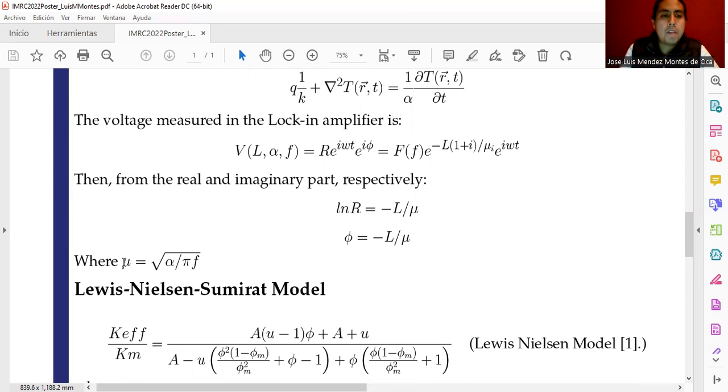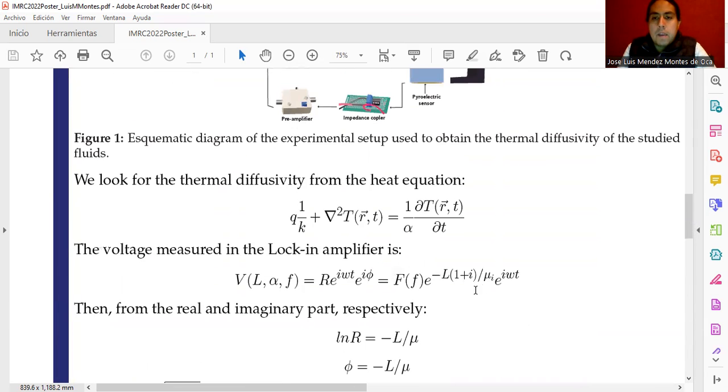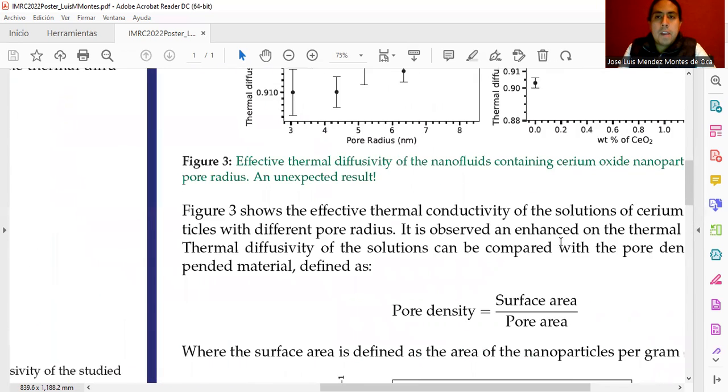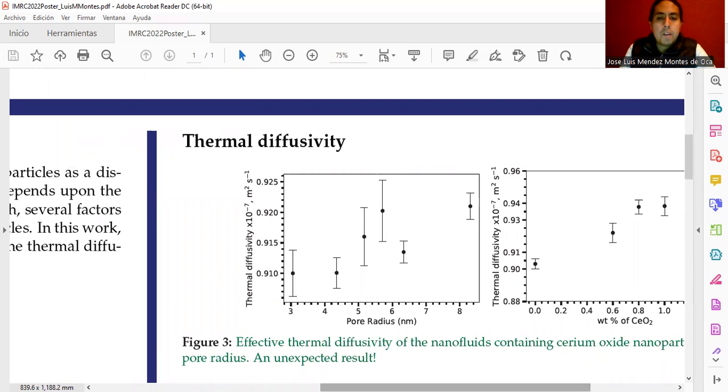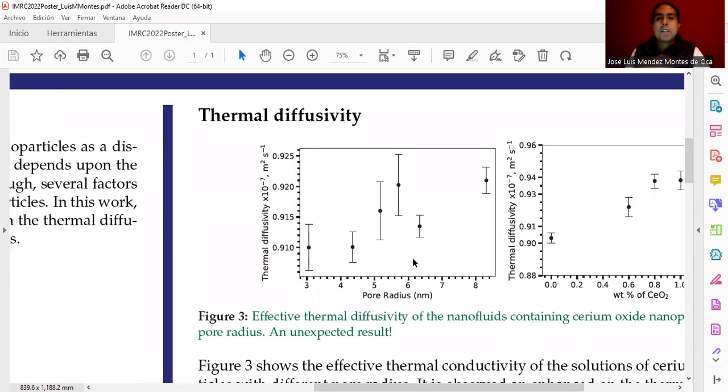From the slope, using this equation, we get the thermal diffusivity alpha, where R is the voltage amplitude that we obtained in the lock-in amplifier, and phi is the phase, or the difference in phases between the sinusoidal signal and the measured signal. In that way we can obtain the thermal diffusivity of our liquids.